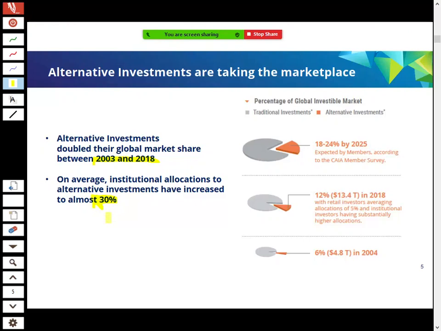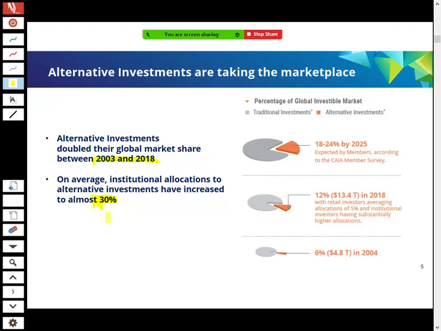Not to mention the endowment funds of the Ivy League universities in the United States, whose allocations to alternative investments are more than 50%. Yeah, more than 50%.